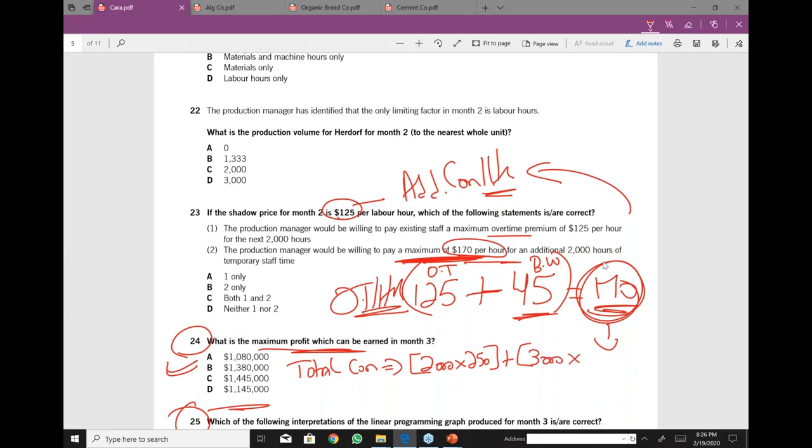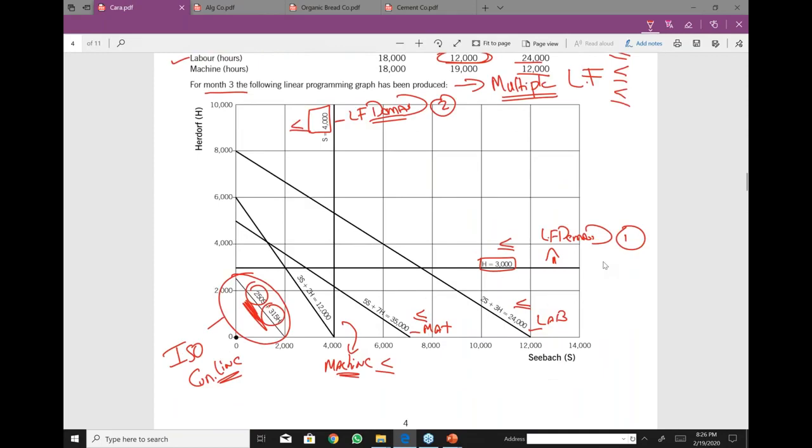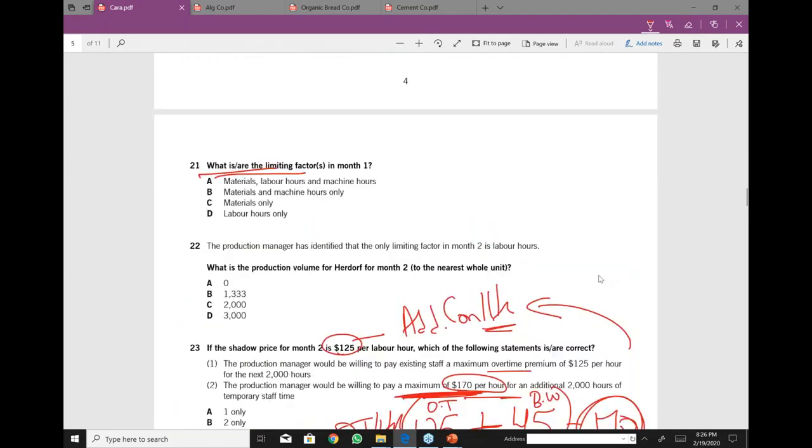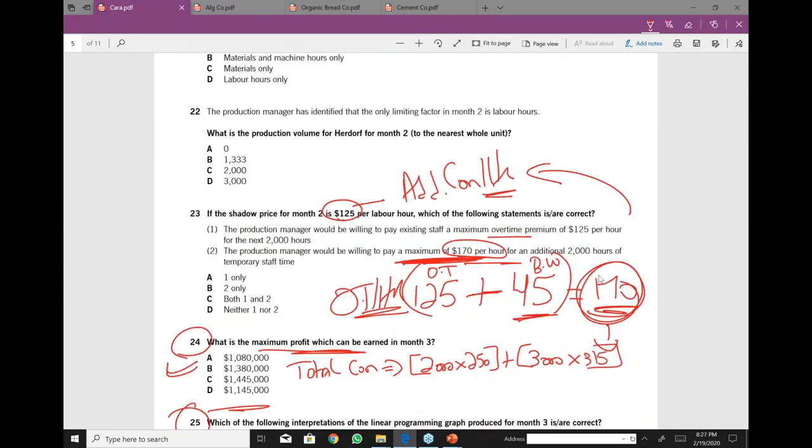And how much is the contribution of that? 315. Through this, I can work out the total contribution figure. And from this contribution, I need to deduct the fixed cost, and then I will be able to work out the profit.